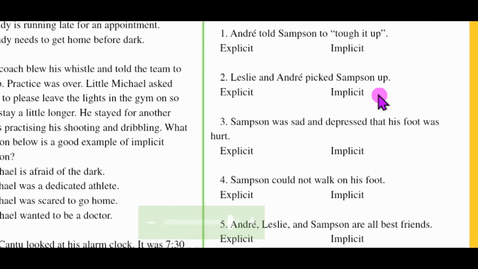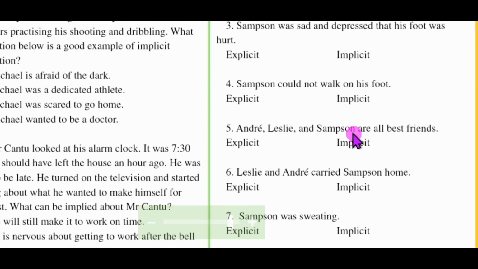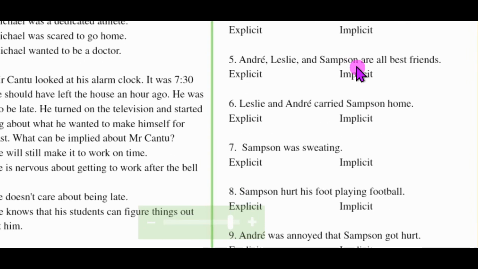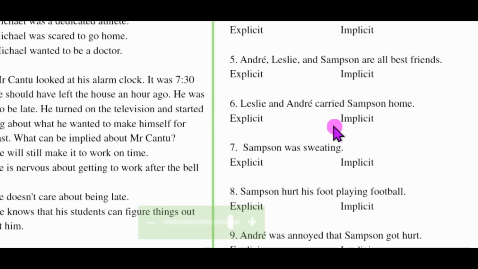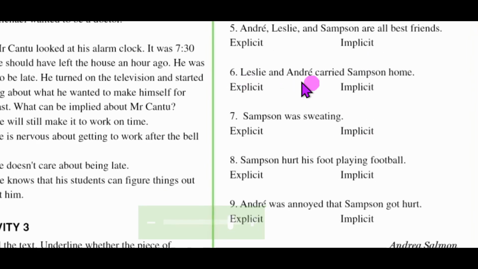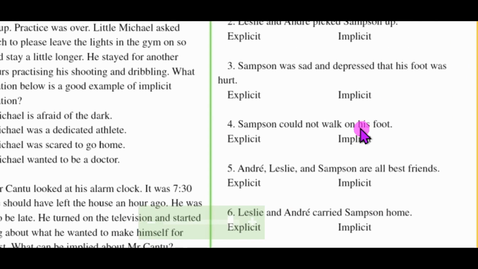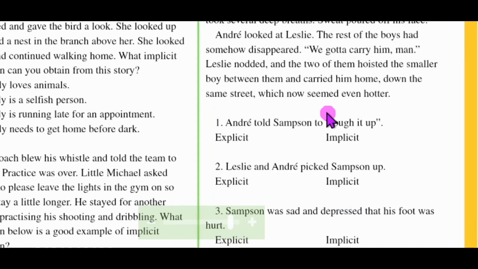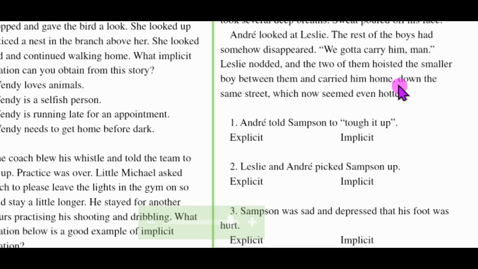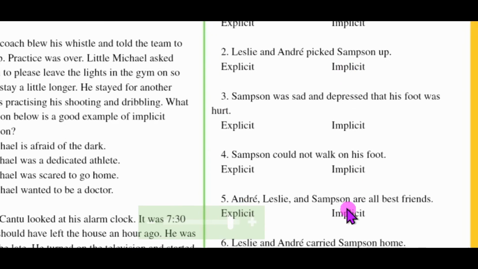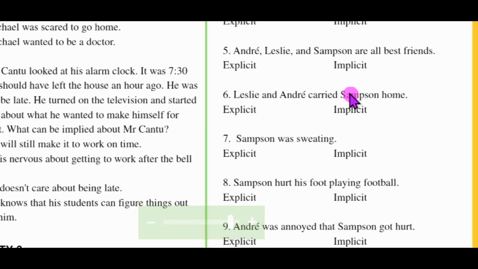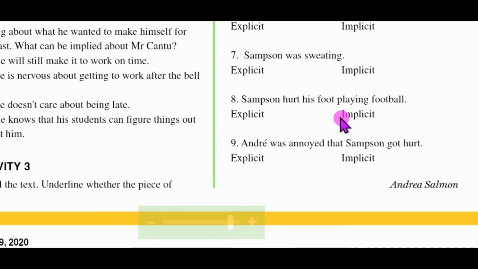And only your friends would really look out for you in a time of trouble. All right? So Leslie and Andre carried Samson home, and that was stated explicitly because they say here, and carried him home. All right, so that is stated. They didn't put him on a taxi or on a bus. They took him home.